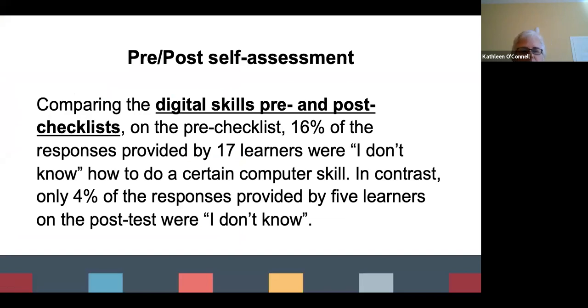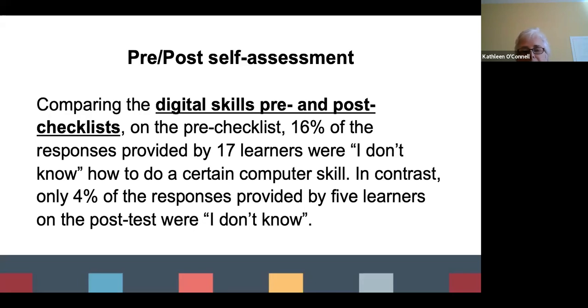This was very much used, I think, in all of the English Now programs as a pre and post assessment tool. It's useful not only for the learners to see what their gains are, but also helpful for further funding of your project. I used it in my workplace education class, and the results were really great.